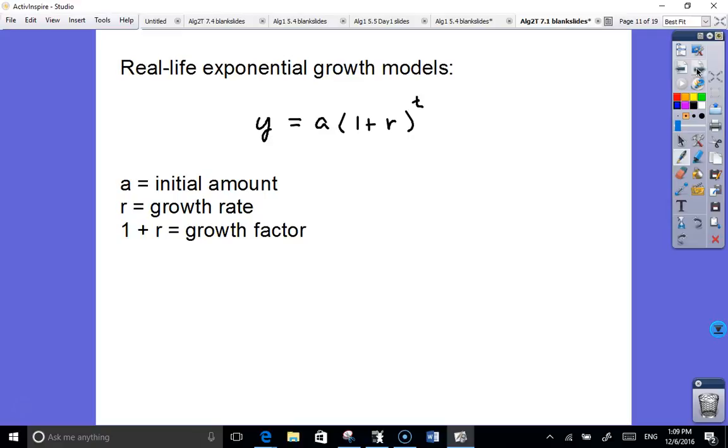The r is the growth rate, or if it was decaying, it would be the rate of decay, right? And that would be a decimal percent. And then the 1 plus r, that's a growth factor. That's assuming that it's growing, right, that the r is positive.